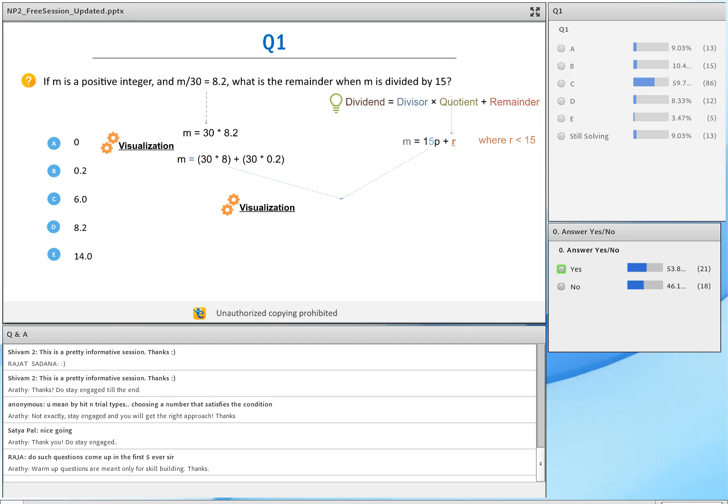And again, you visualize this and you really say, hey, the first part becomes 15 times 2 times 8. Why? Because 30 can be expressed as 15 times 2 and 30 into 0.2 is 6. So you get the first part over here. This part is completely divisible by 15, which means that my remainder is 6.